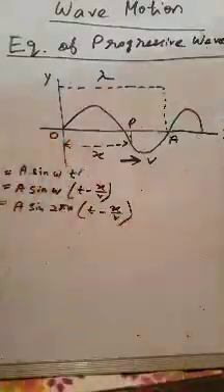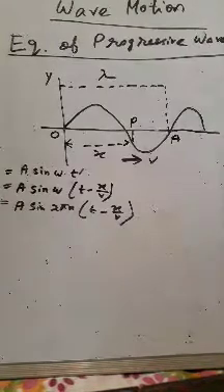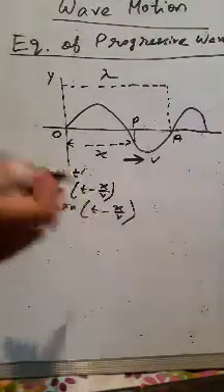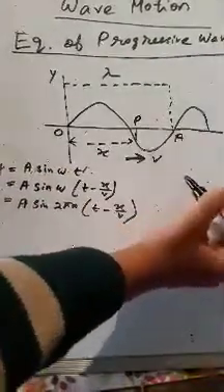We have seen this equation in our previous classes. Now we will learn the alternative forms of this progressive wave. Let us consider the angular function to be theta. Just simply consider theta as your angular function.